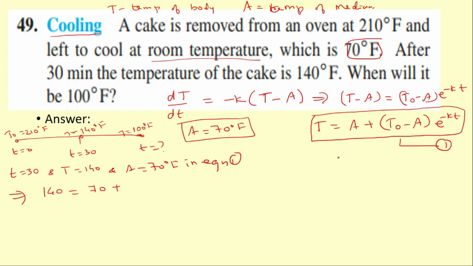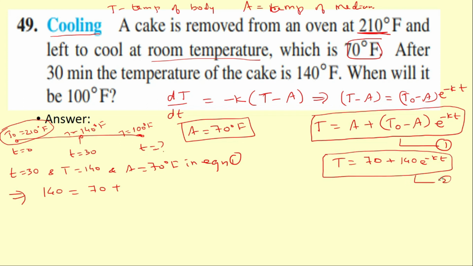In this particular problem, this can be rewritten as T is equal to 70 plus T0, which is 210, that is the initial temperature, 210 minus 70, which is 140, e power minus kt. So this equation number 1 simplified for this particular problem, call it equation number 2.